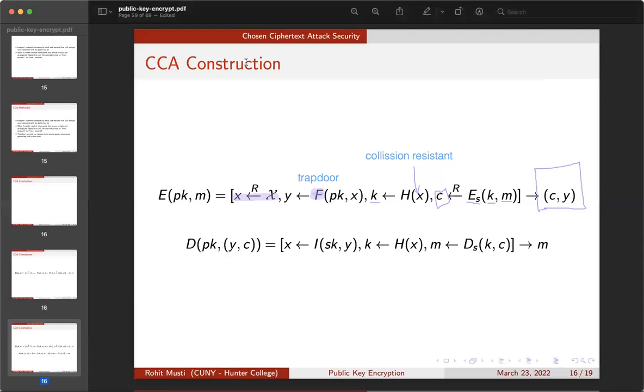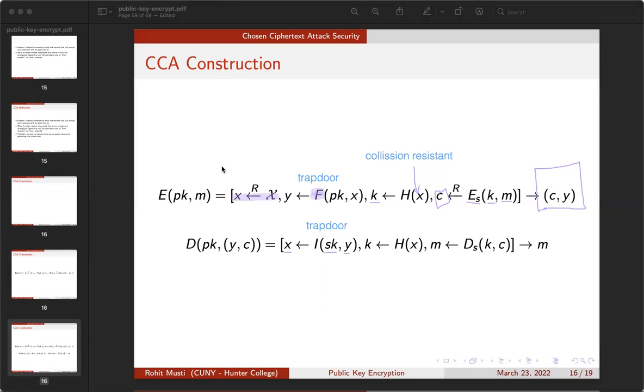Then we have decryption. With decryption, we access our trapdoor inversion function, and our trapdoor inversion function takes the secret key and Y and produces X. Let me pick a different color, maybe red.